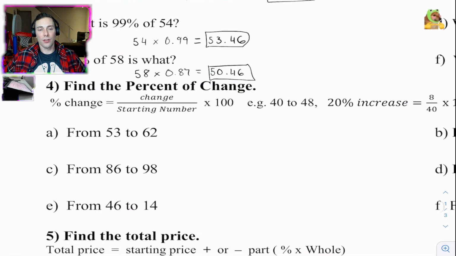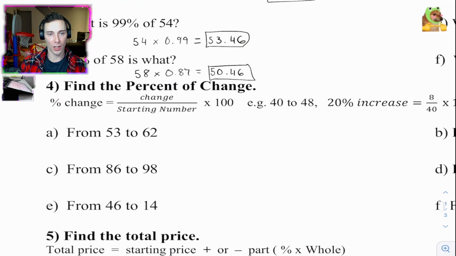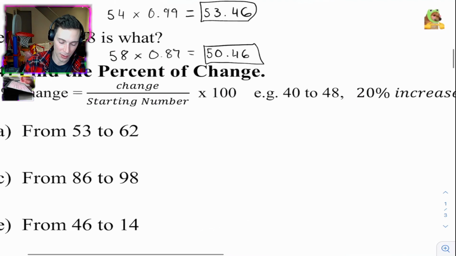Percent of change. So now we have to find the difference and then find the percent of change. Step one, what's the difference between 53 and 62?